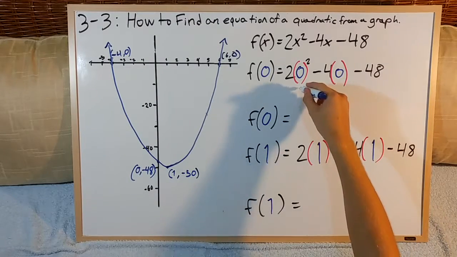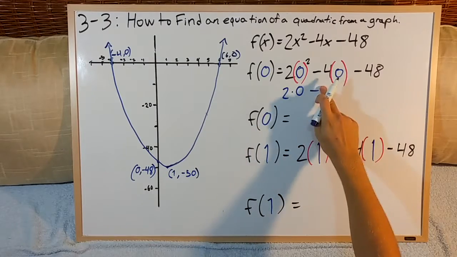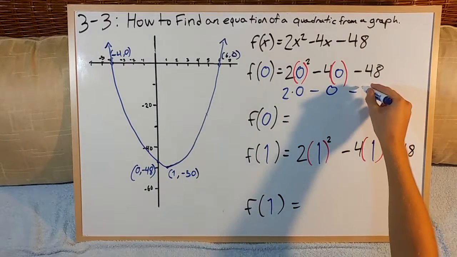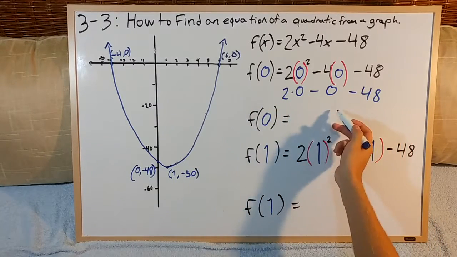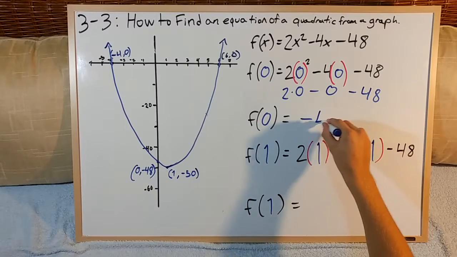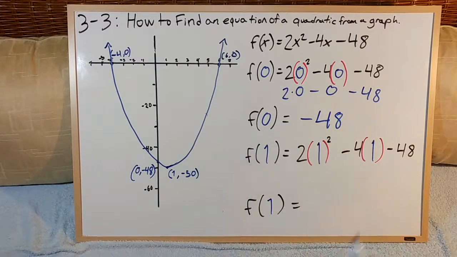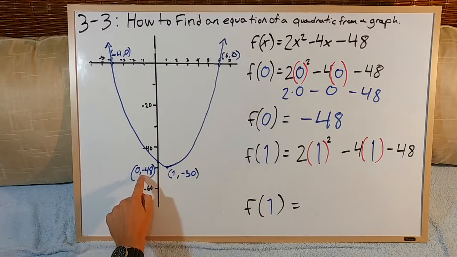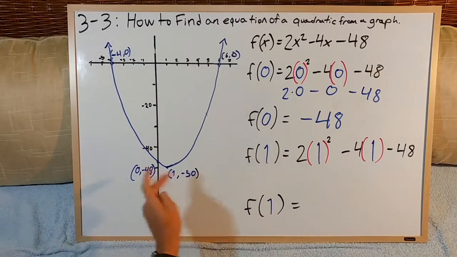So 0 squared is just 0, times 2 is 0, minus 0 times 4 is 0, and minus 48. So f of 0 is negative 48, and it is correct.